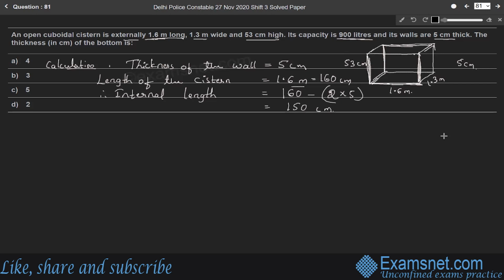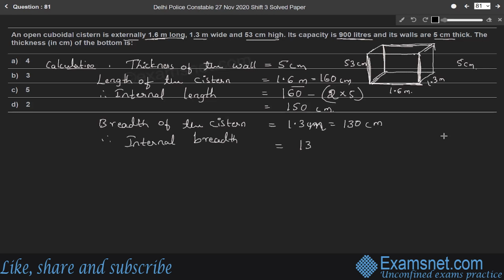And also the breadth is given. Breadth of the cistern is 1.3 meters, which is equal to 130 centimeter. Therefore, internal breadth is 130 minus 2 times the thickness, which is 130 minus 10, which is 120 centimeter.